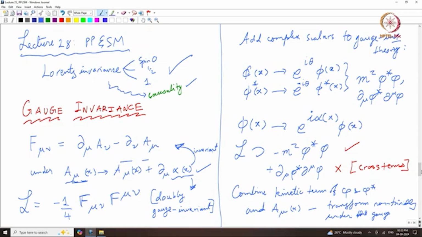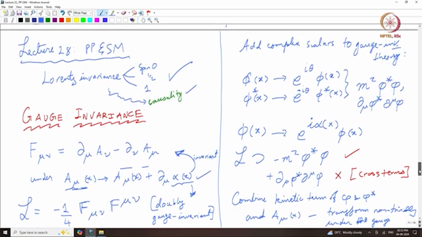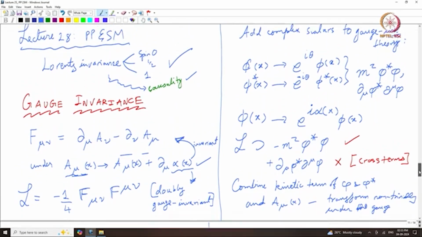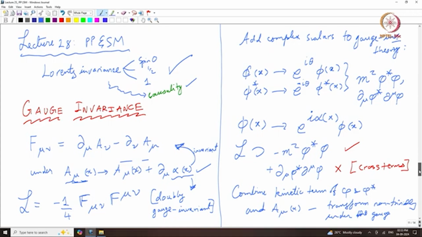Why it is so fundamental is not completely clear. Nevertheless, nature seems to have chosen to put this symmetry in whenever we want to construct a local field theory, and we follow this program and find that it gives rise to amazing results that match with experimental observations, right.